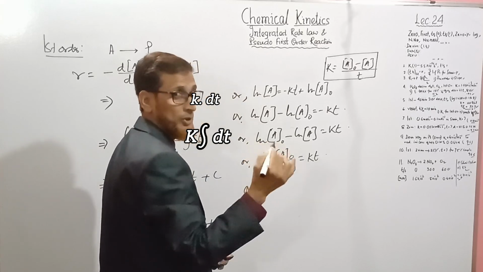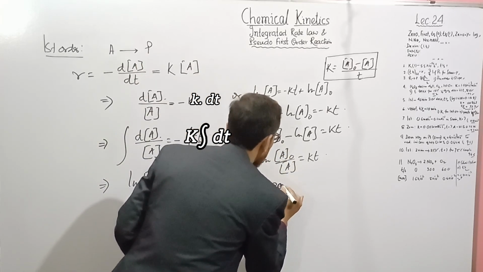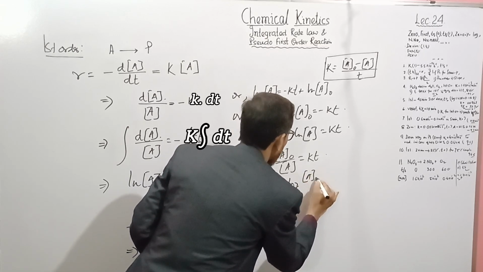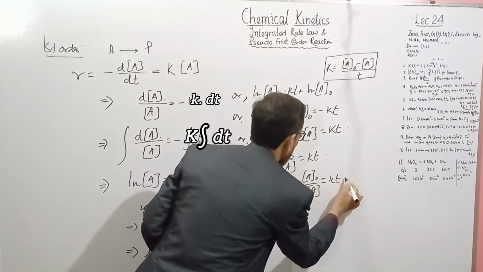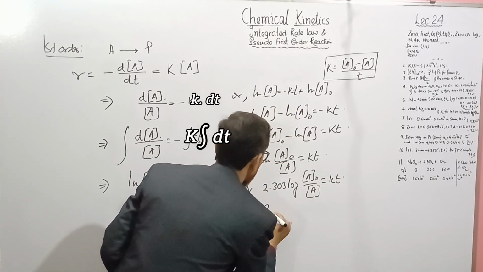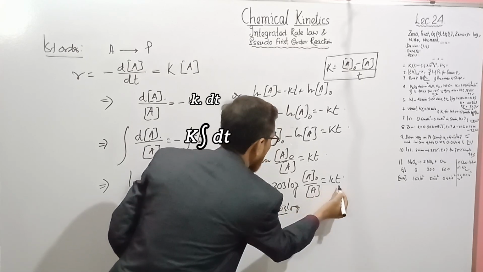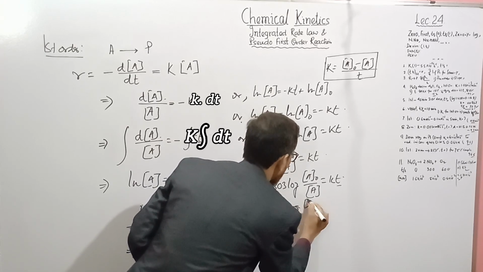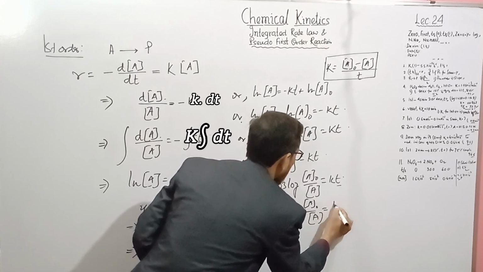Ln changes to 2.303 into log. So 2.303 log A naught by A is equal to kt, or 2.303 log A naught by A, below it we are taking t, is equal to k.